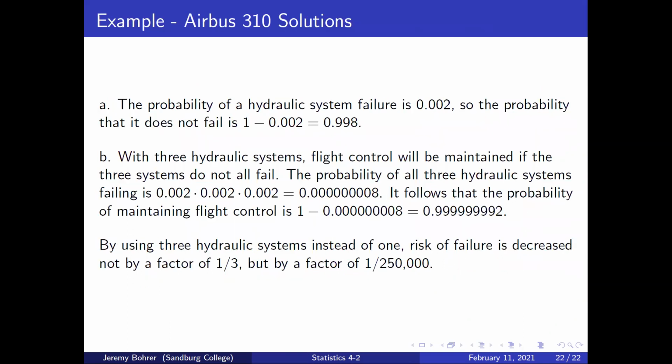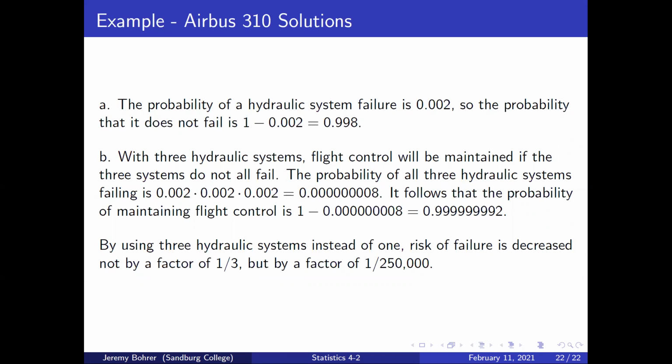For the first part, the probability of hydraulic system failure is 0.002, so the probability that it does not fail is 1 minus 0.002 or 0.998. With 3 hydraulic systems, flight control will be maintained if the 3 systems do not all fail.